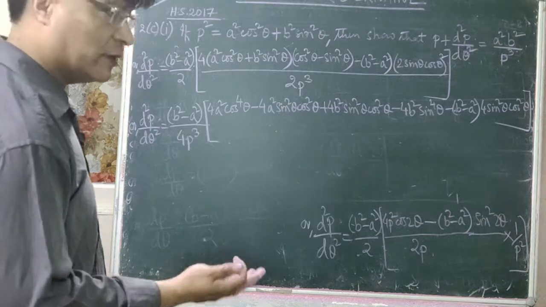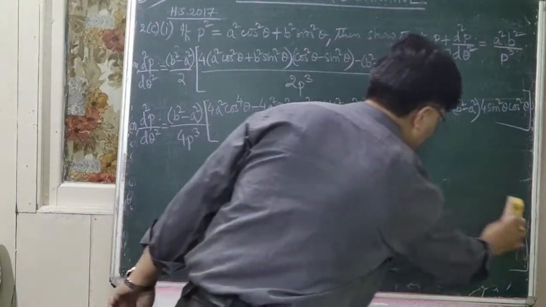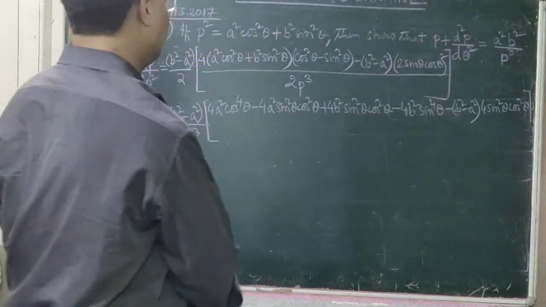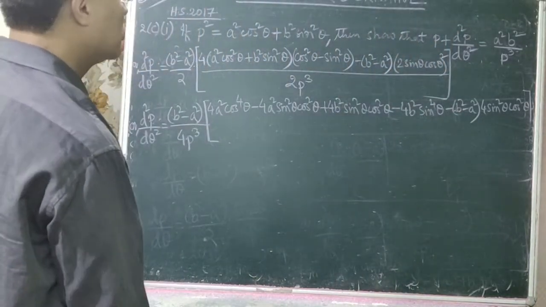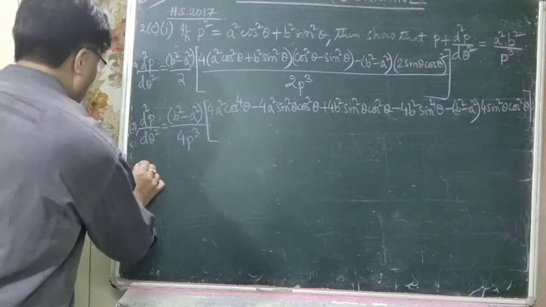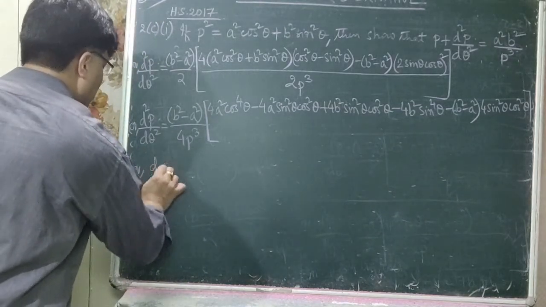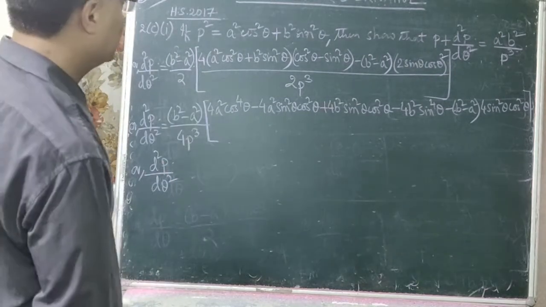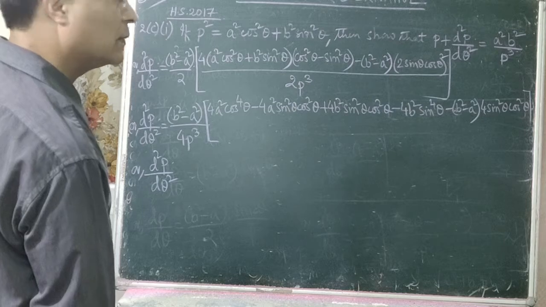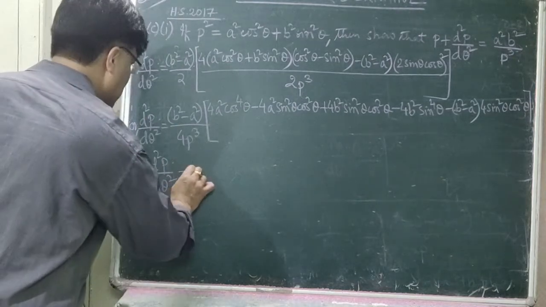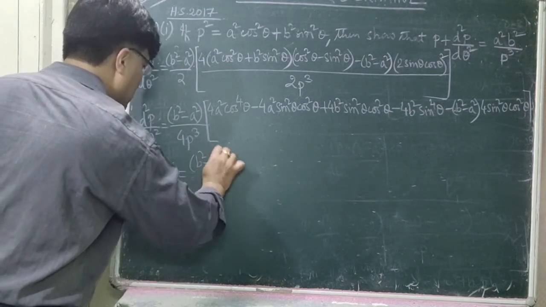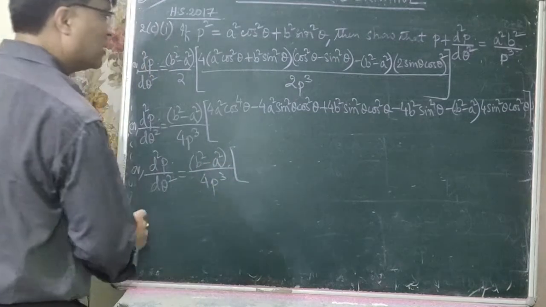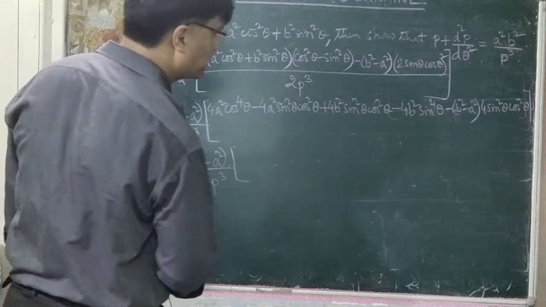Now let us simplify it further again. So what will you do now? Now this is your d²p by dθ², right? Then write down, which is equal to (b² − a²) divided by 4p³. So within the third bracket, let us simplify it.